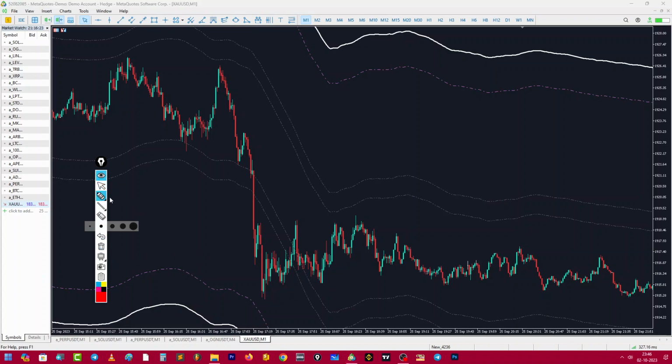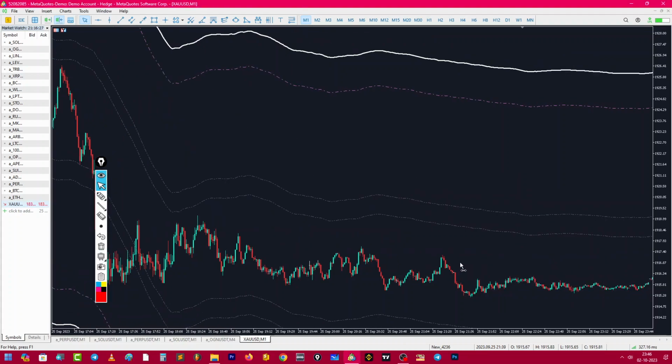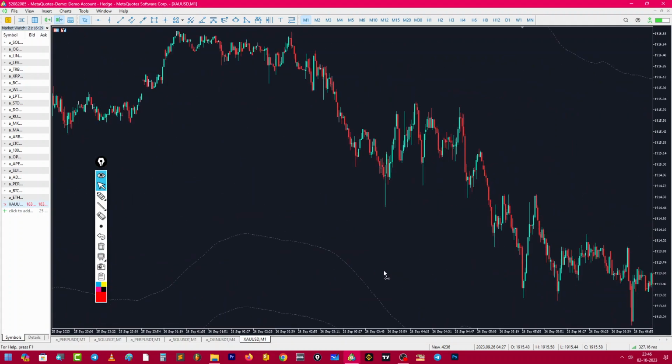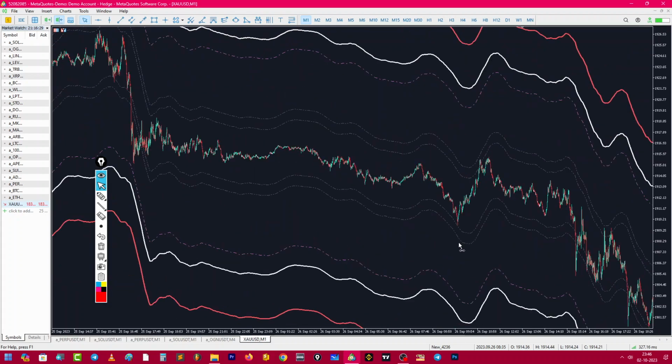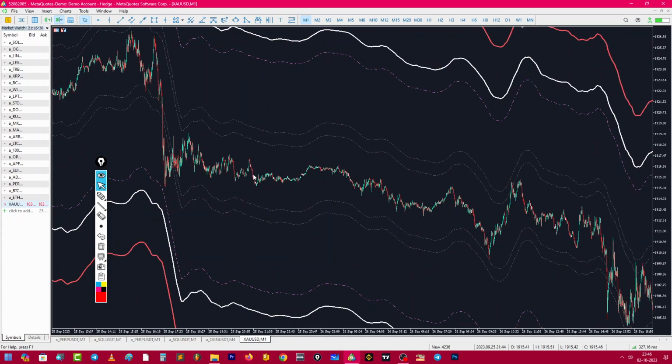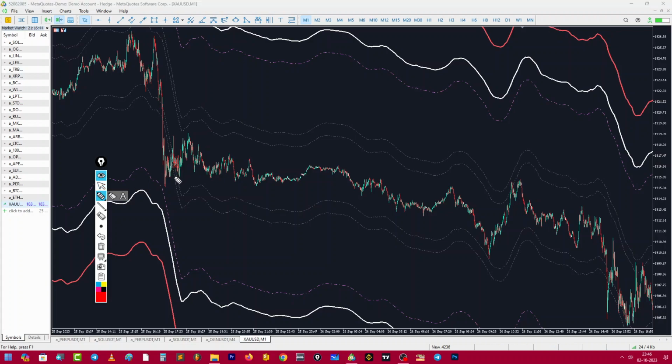Okay, so let's go ahead and check the chart further. As you can see, price is just consolidating between these levels U1 and U2, but here you have the last information that price has touched this level and it's reversing from this level, so this will be your sale point.